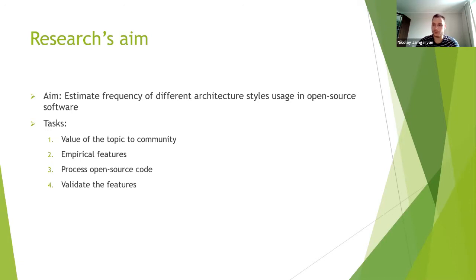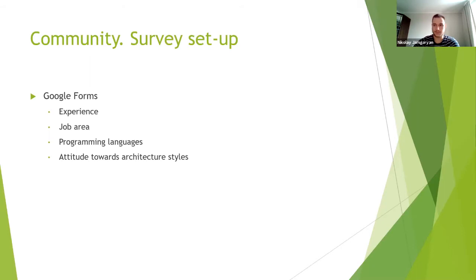And the fourth step will be to validate the features. For the first step, we held a survey among developers. We asked them questions about their experience, about their job area, about programming languages, and the most important questions were about their attitudes toward architecture styles.